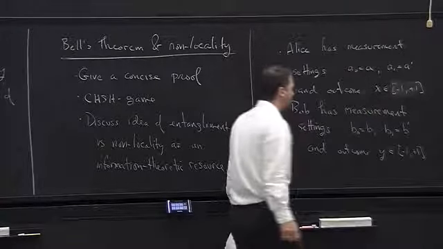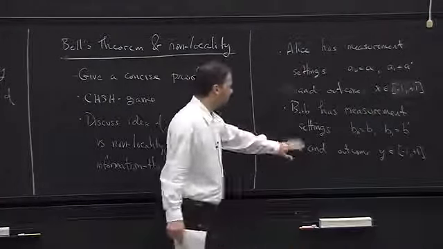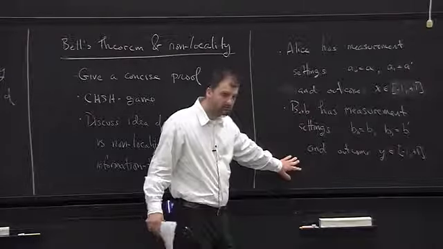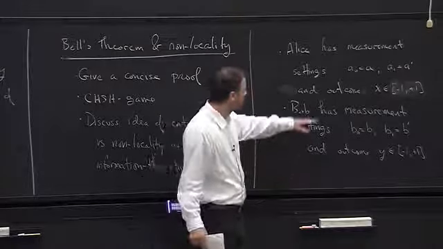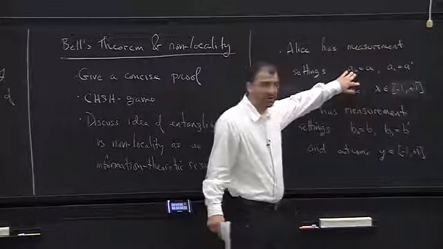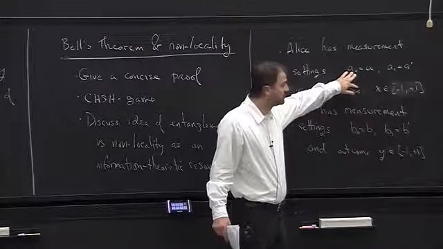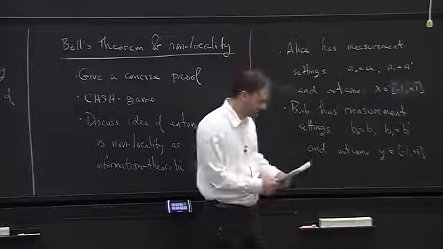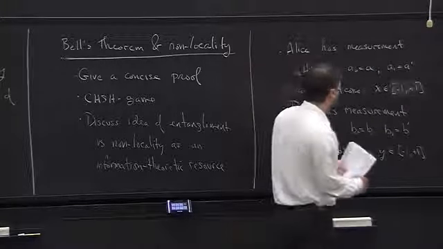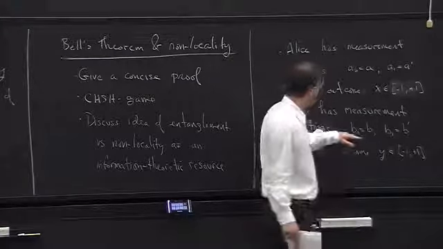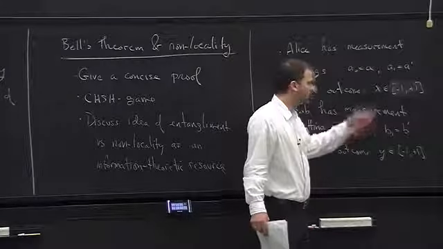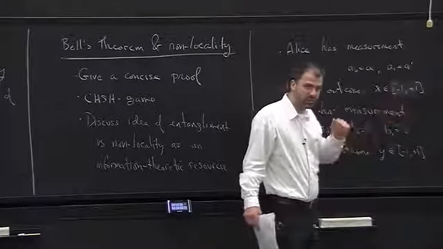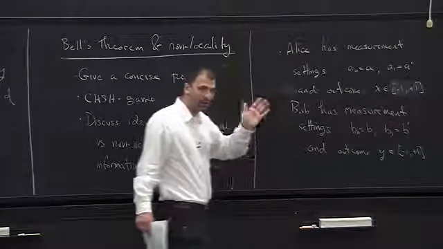Now the point is this scenario includes the quantum scenario where we think of the A as a vector. A0, A1, B0, and B1 are coplanar vectors, and they correspond to directions on which we do a Pauli measurement, the direction of an up-down measurement of spin.